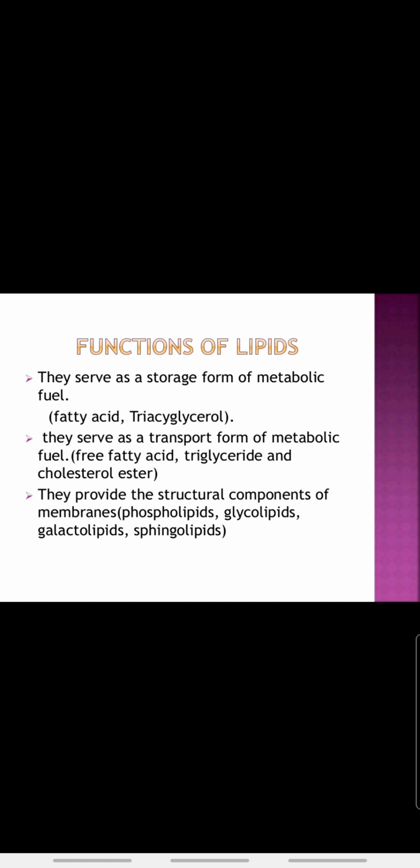Aside from that, they serve as a transport form of metabolic fuel. Other terms here are fatty acid, triglyceride, and cholesterol ester. These compounds can serve as a transport form of metabolic fuel. Why?